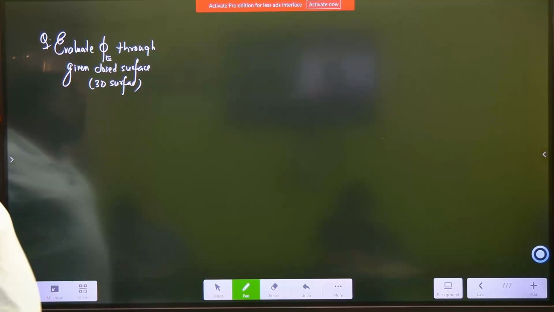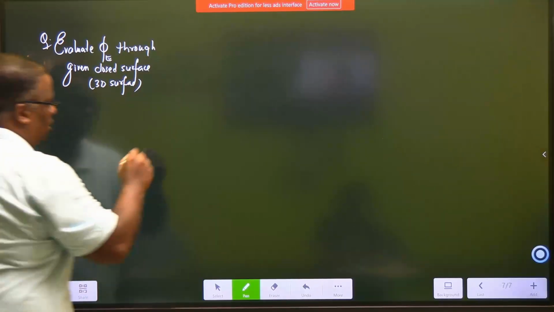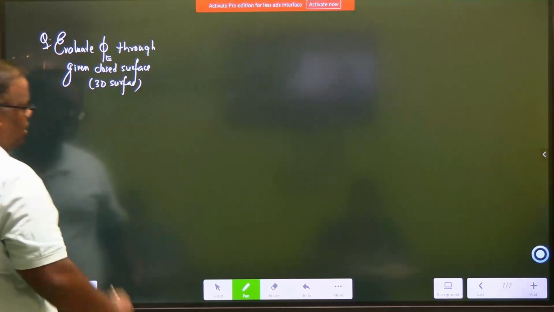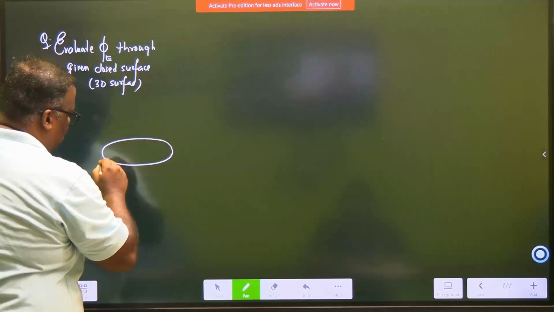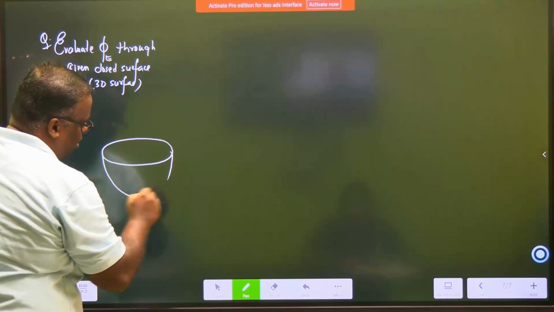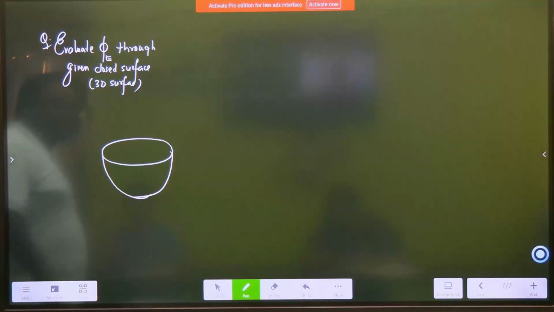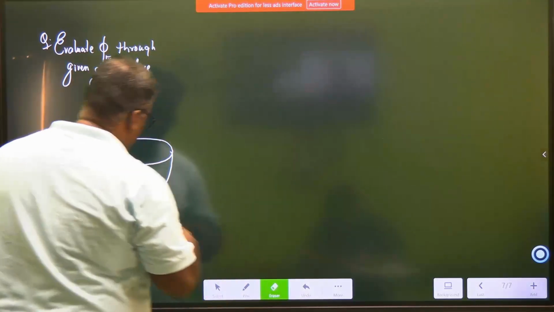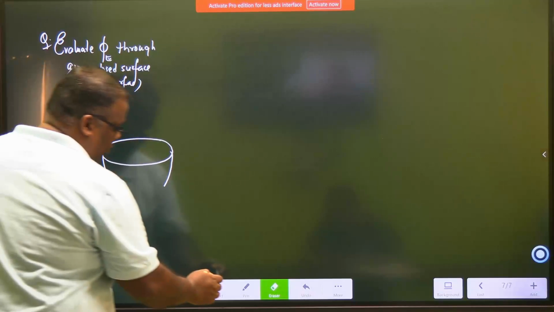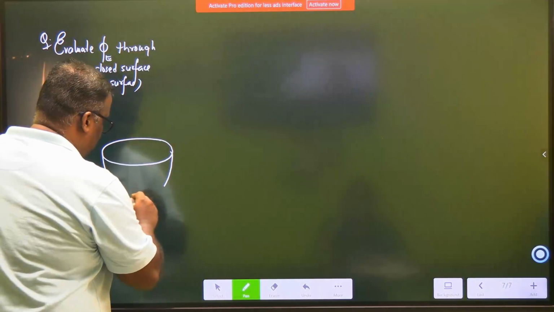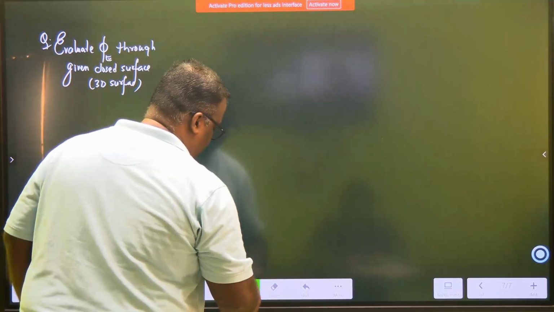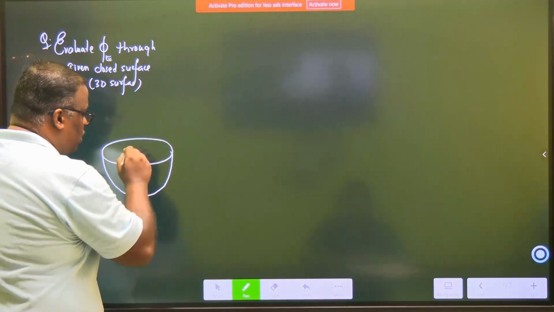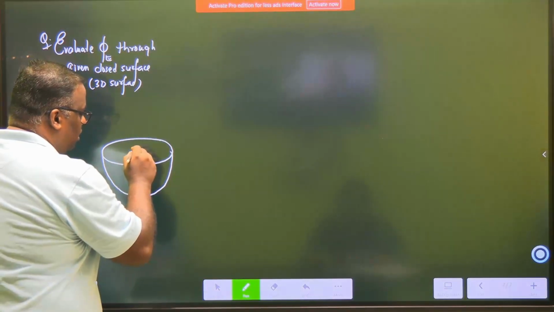Now, what is the given closed surface to you? The given closed surface, children, is a hemispherical ball. Okay, the given closed surface is a hemispherical ball. Fine. And my charge is located here.